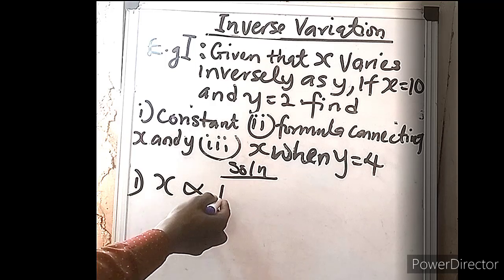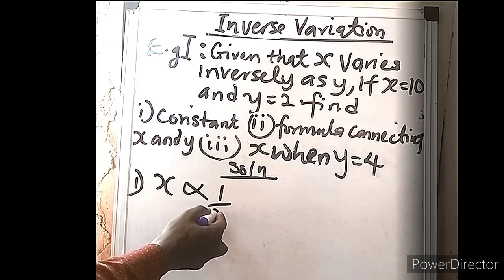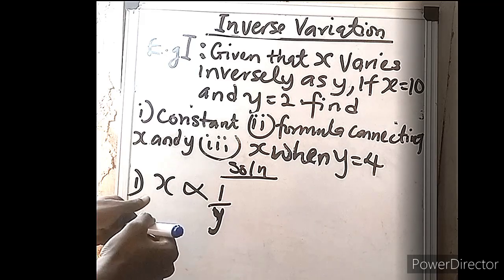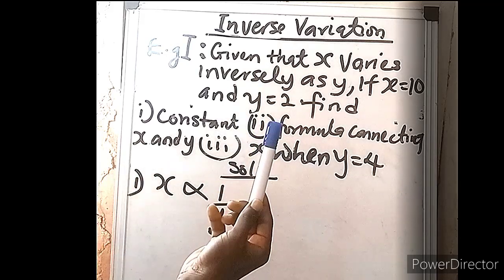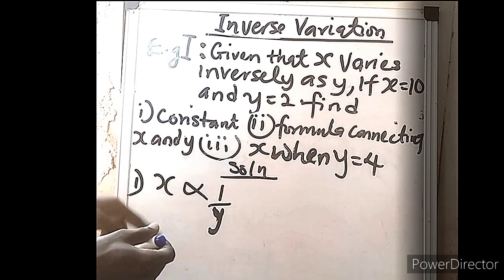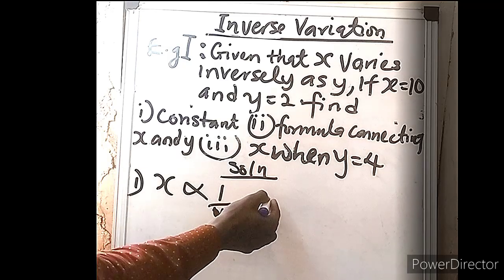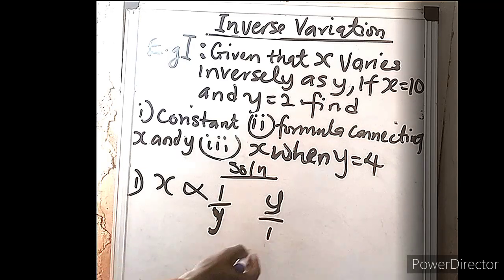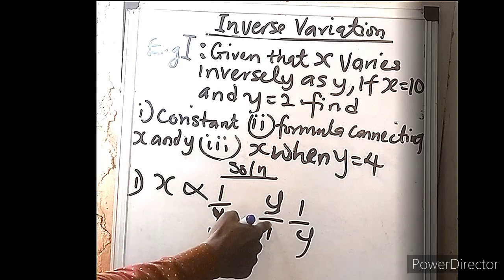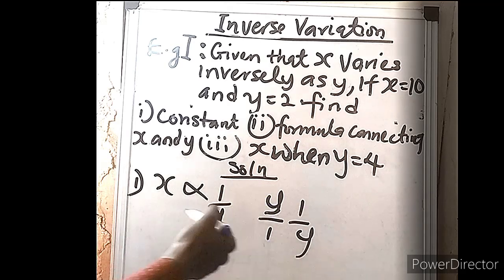Take note, the inverse of Y is 1 over Y. For example, this marker, how it is standing, if I turn it now, it becomes an inverse of it. Remember, every natural number, every digit Y, has an invisible 1. So when we turn it upside down, it becomes 1 over Y. So the inverse of Y is 1 over Y.